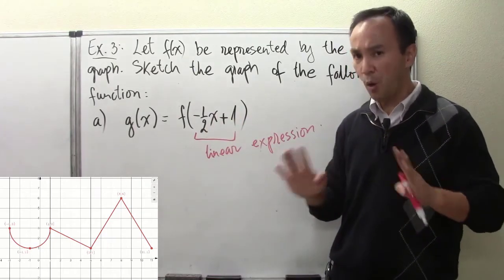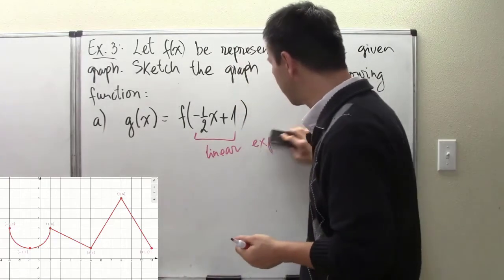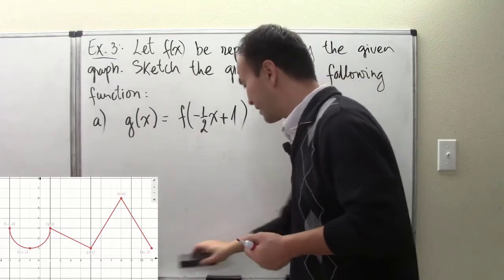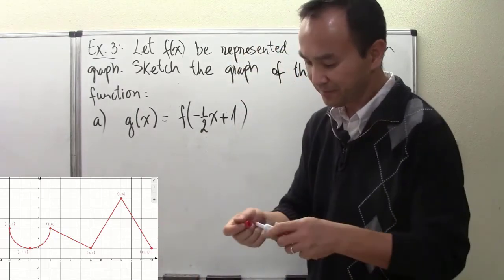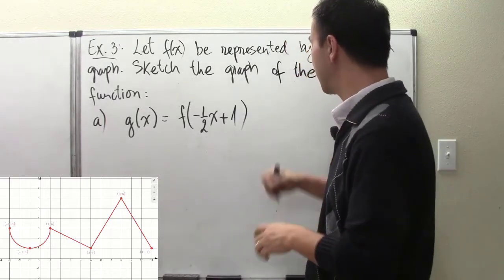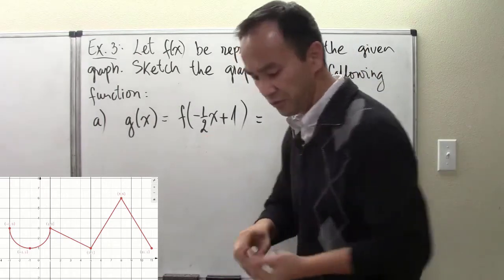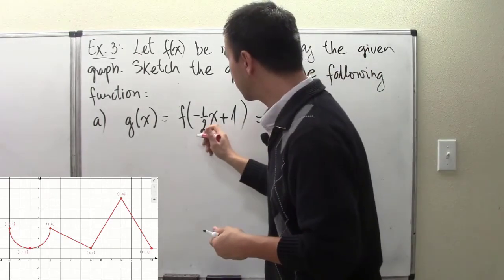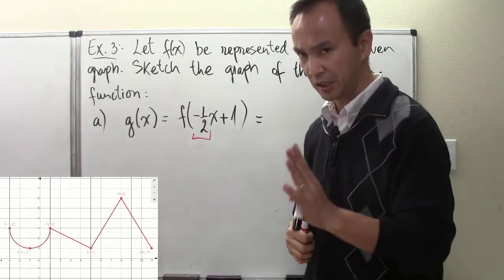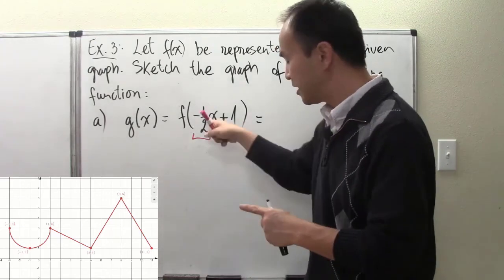In order to do that successfully, by taking the correct horizontal scaling before the shifting, we need to do some algebra. Just like I said earlier, we need to focus right at the lead coefficient. And we will always include the negative sign with the lead coefficient if there is one.